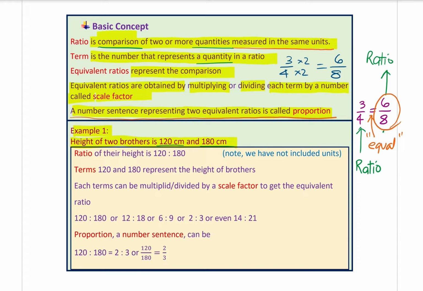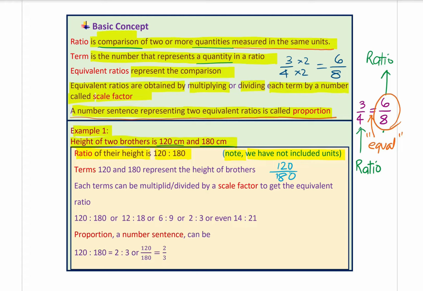So in this particular case, ratio of their height is 120 is to 180. You get the idea. Now in this case, note that we have not included units. They cancel away, right? You could also write this as 120 over 180, right? However, writing with colon is preferred since you could compare more than two ratios. Sometimes we have mixtures, right?